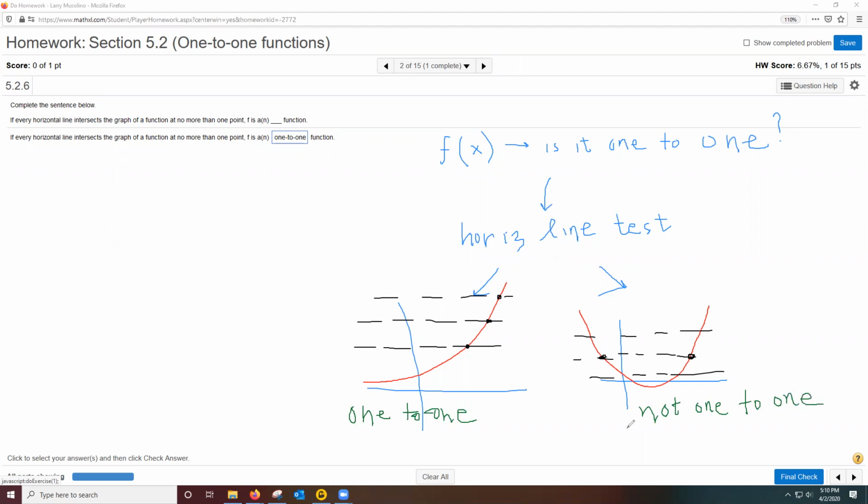If the function is one-to-one, it has an inverse. So this function is going to have an inverse. If the function is not one-to-one, it does not have an inverse. No inverse. All right, so the answer to this question you can see is one-to-one.